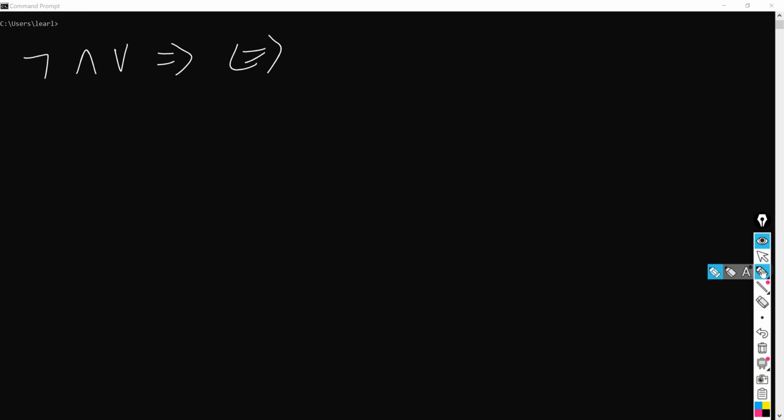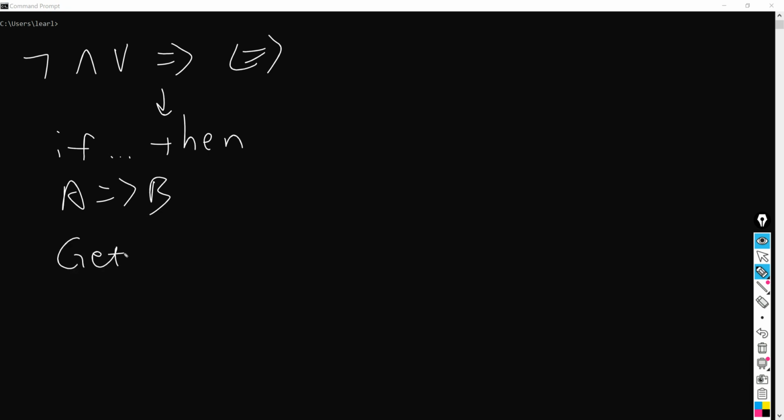The fourth one is somehow a little bit difficult. It is called if-then, and it's also used between different logic. Let's take an example. Let's say you want to get a grade in a course, let's say CS540.